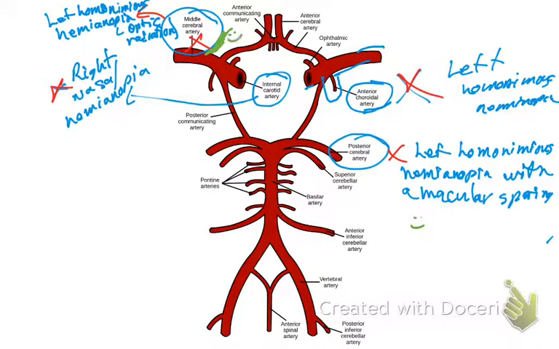The macula is spared because the middle cerebral artery supplies it. Got it? But remember that occlusion of the middle cerebral artery can cause left homonymous hemianopia, which is due to the optic radiation.